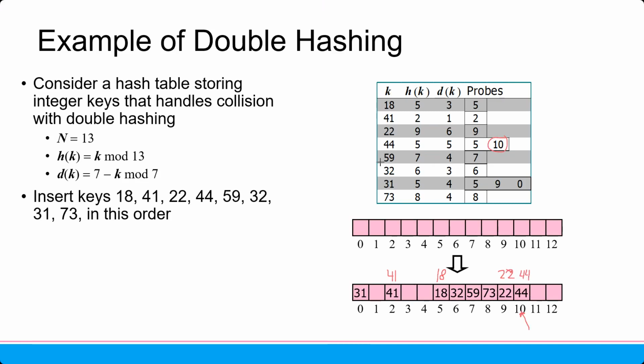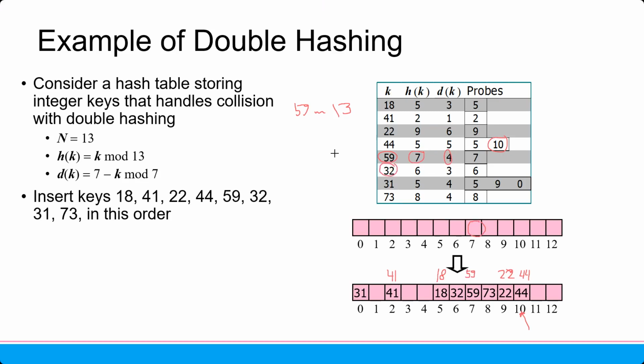Now let's check another value, 59. 59 mod 13 is 7. Position 7 is empty, so we put 59 here. We don't need to consider the decay because there is no collision.